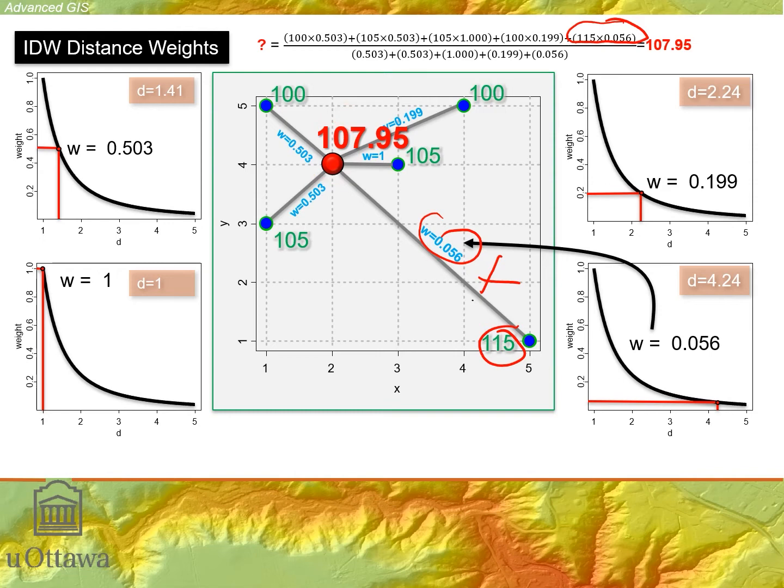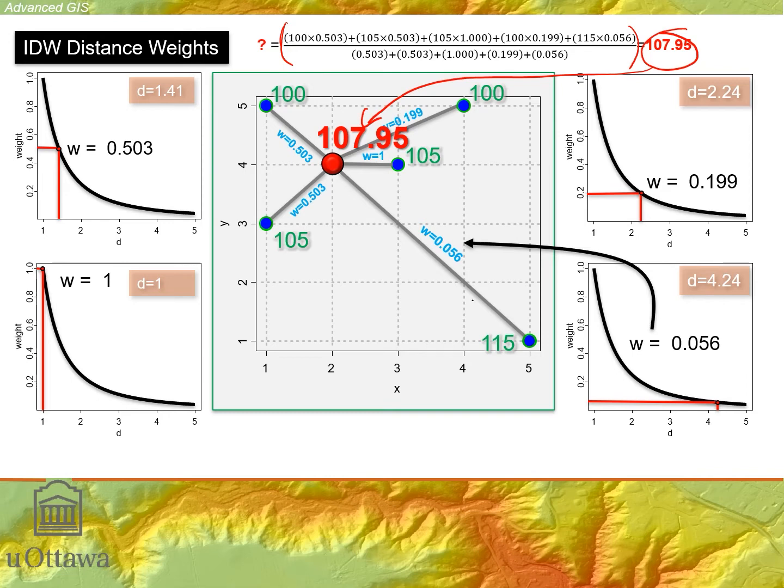And that makes sense from a spatial autocorrelation perspective, right? Because it's furthest away, it should be more different than things that are closer, such as 105, which is only 1 unit away. It had a weight of 1, and this one has a smaller weight. And of course, we add the 0.056 here to the rolling total, and we then have our complete set of numbers to estimate this value here, and it's 107.95.